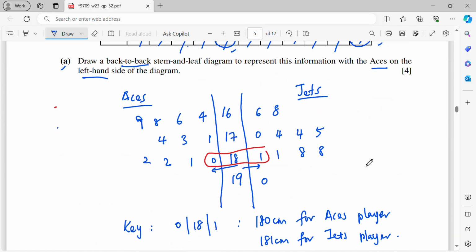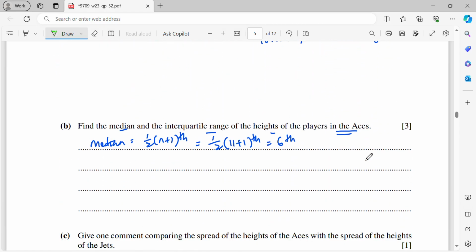So now when you look at the data here, this is 1, 2, 3, 4, 5, 6. That means this is your median. So the height is 173 centimeters. So I will write here 173 centimeters. Okay, so done for the median.